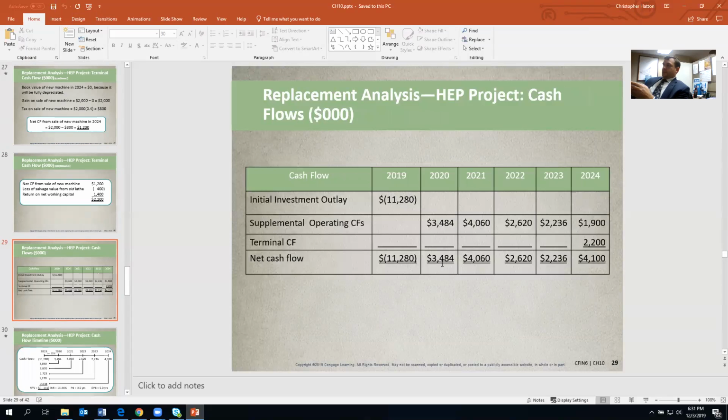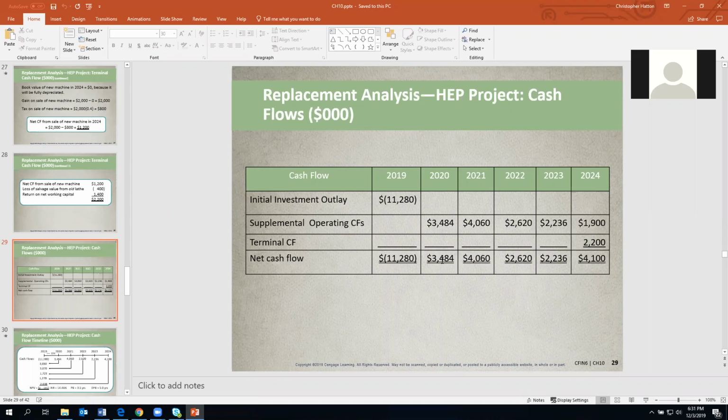Here's the investment outlay, supplemental operating cash flows, terminal cash flow, which is the end here, always going to be the last year, net cash value. So we have 11,280 original investment outlay.